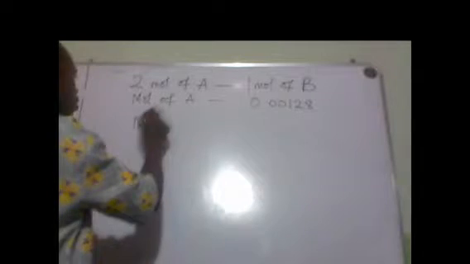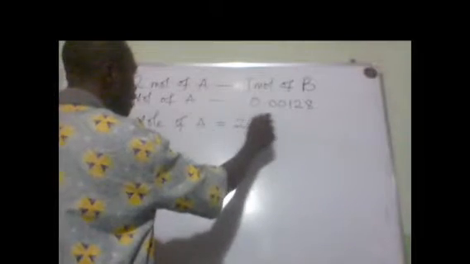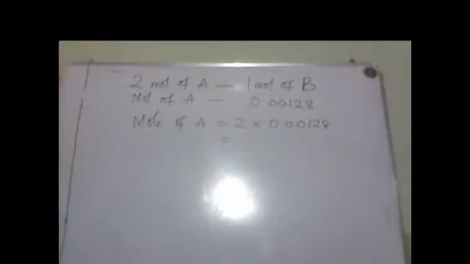All we need to do is to cross multiply, so that you now have your mole of A equal to 2 times 0.00128.